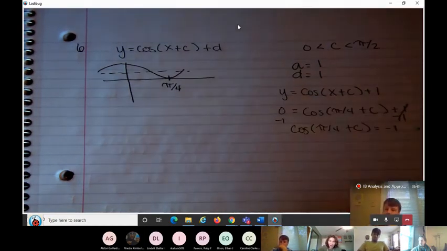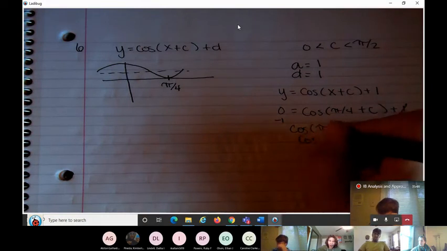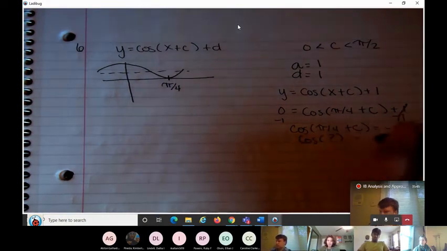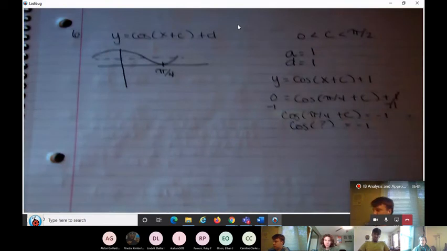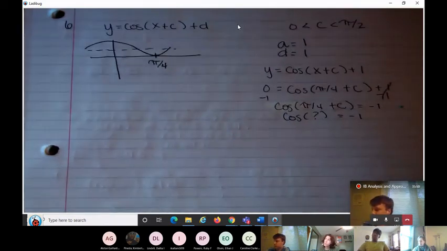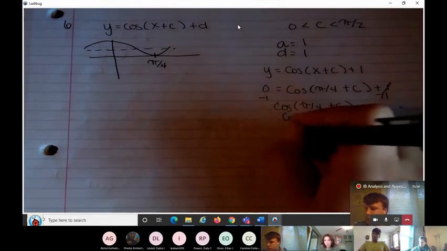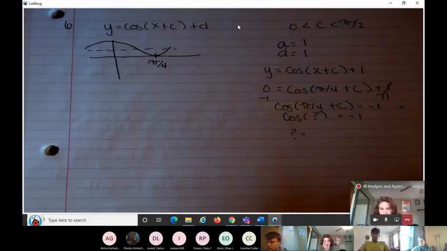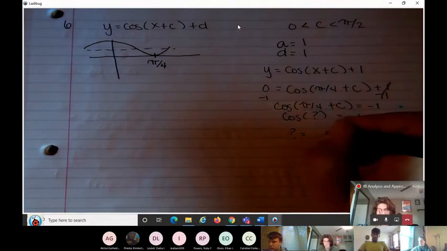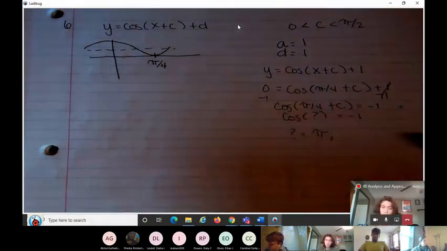So we're asking the question, the cosine of what angle values give me -1? Can somebody give me some angle values? Like 180 or pi. Yeah, so pi, what else?